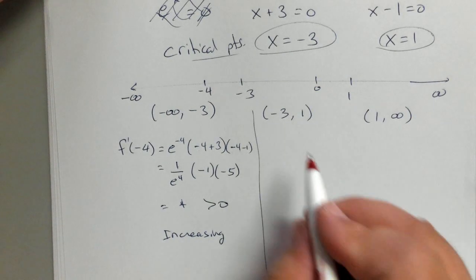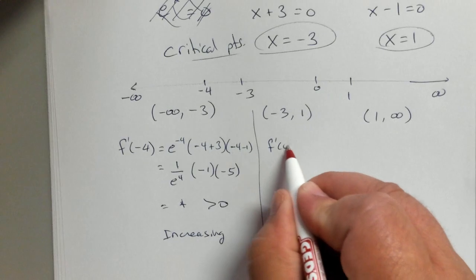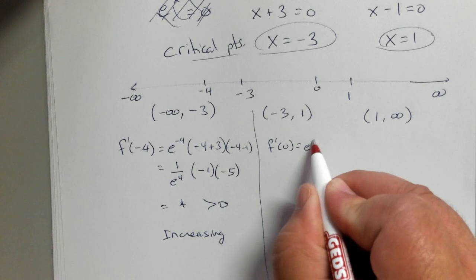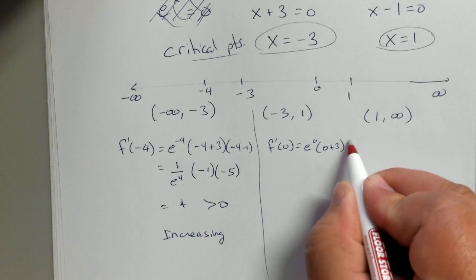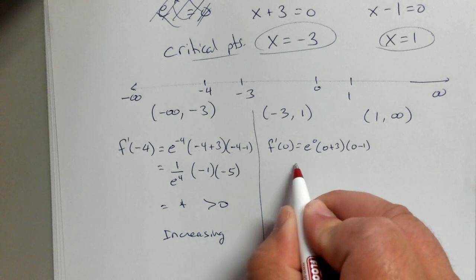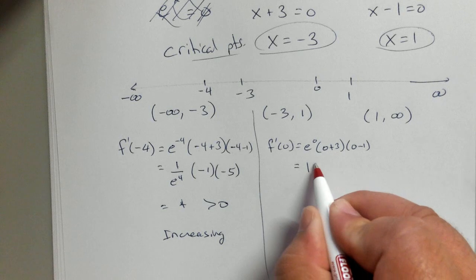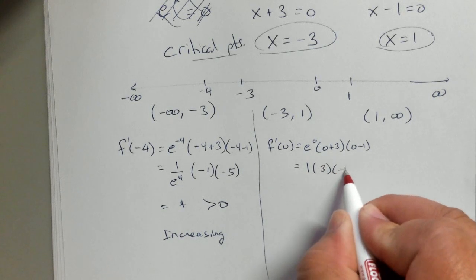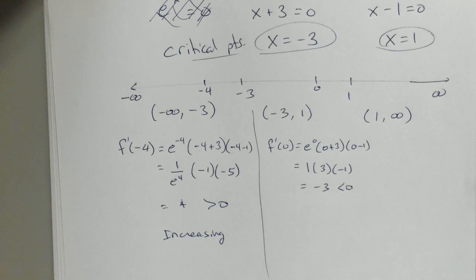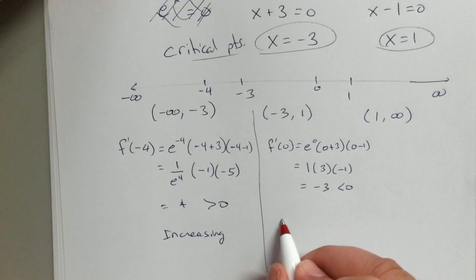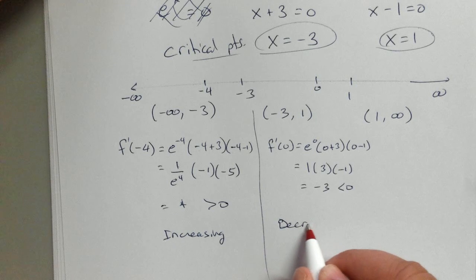Let's use 0. F prime of 0: e to the 0, times 0 plus 3, times 0 minus 1. That's 3 times negative 1. It's less than 0, so it's decreasing.